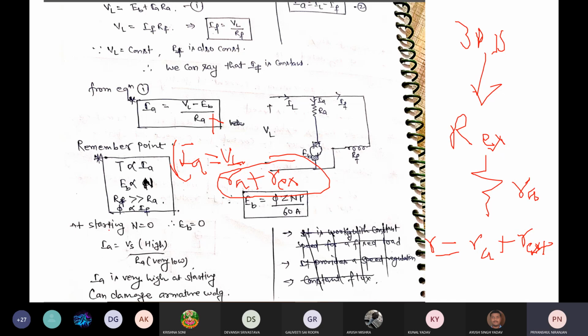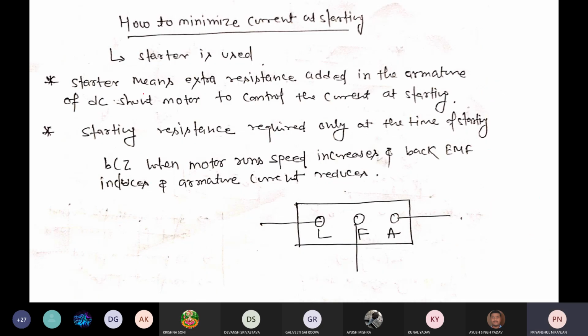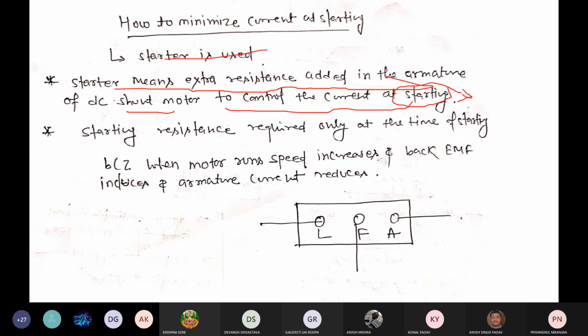You can see how to minimize the current at starting. The starter means extra resistance added in the armature of the DC shunt motor to control the current at starting only. Because we have seen that at starting the armature current is much higher and can damage the armature winding, we use it only at starting. So starting resistance is required only at the time of starting.